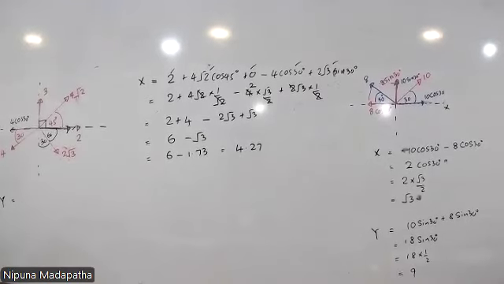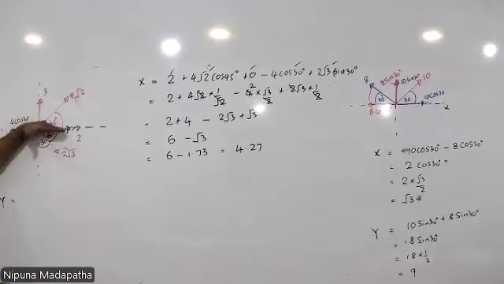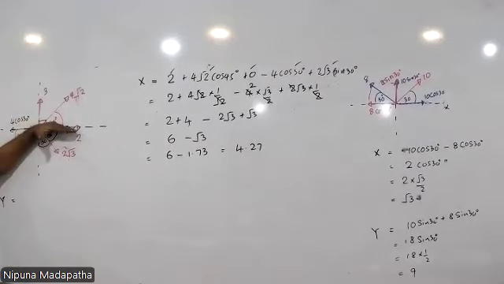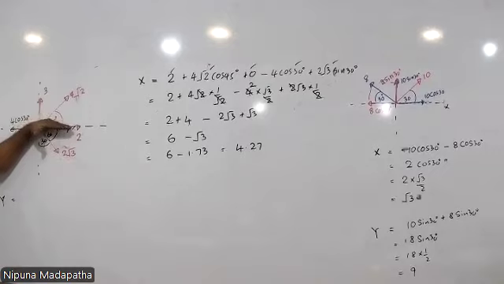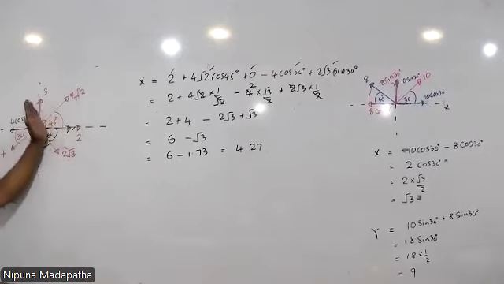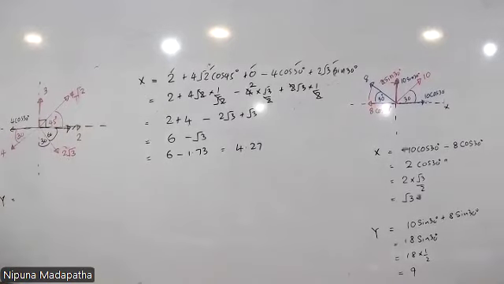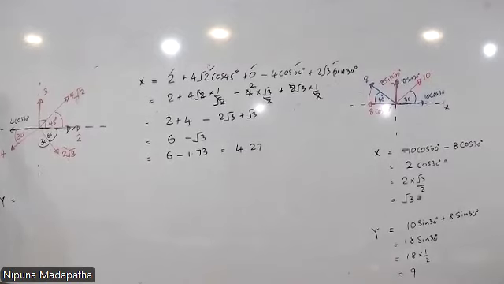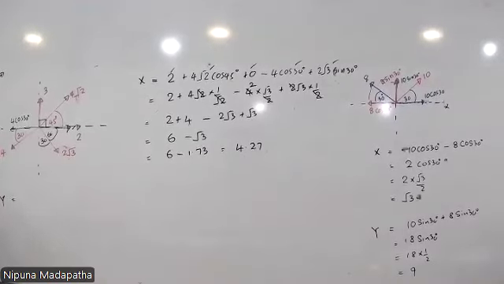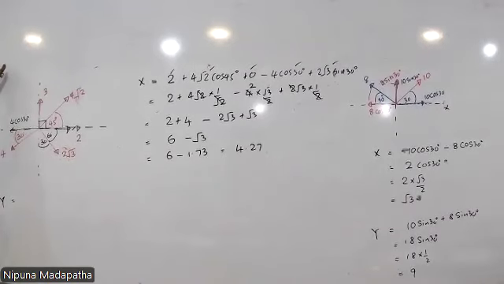For the 2 along the x direction, the angle is 0. So it is 2 sine 0. Suppose this angle is theta. What is the component along the y direction? It is 2 sine theta.